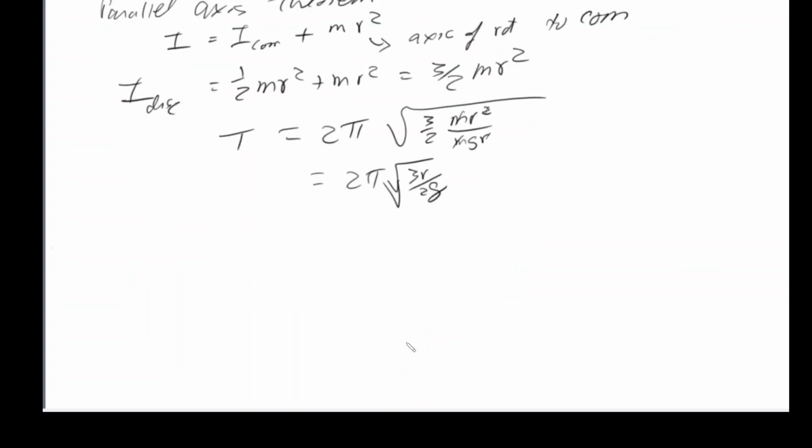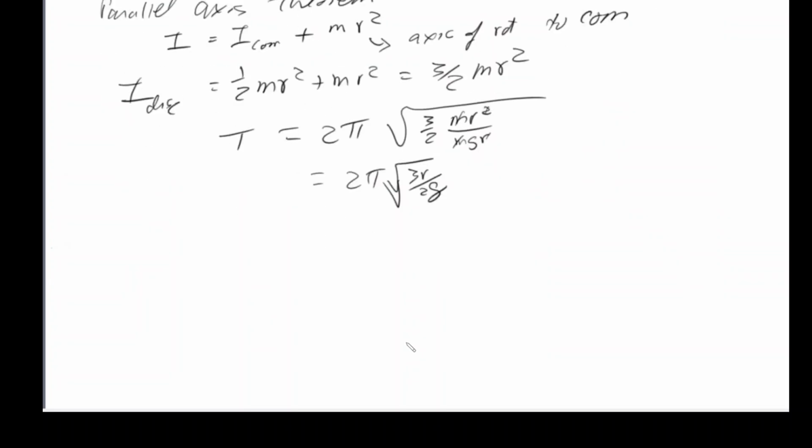And now we're asked what would be the period of an equivalent simple pendulum. If you recall, a simple pendulum is a weightless string with a mass at the end. So the equation for the period of a simple pendulum is 2 pi square root of L over g. And we want to know what L would be when it's equivalent to this period.